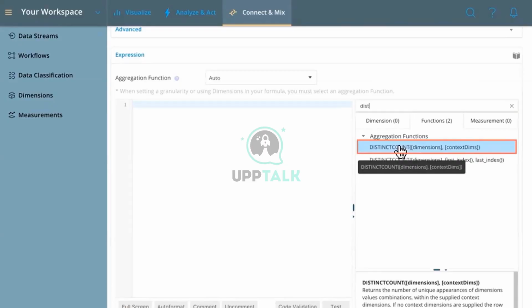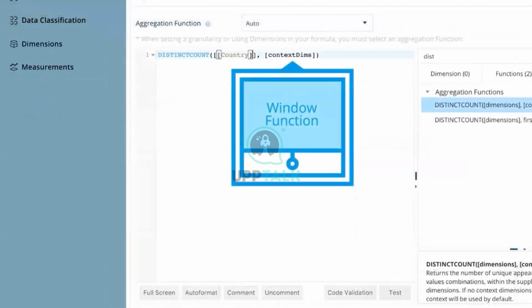Those window functions can be used along with what we were discussing, distinct count and count of country, along with contextual dimensions. That's what we were talking of, window functions.